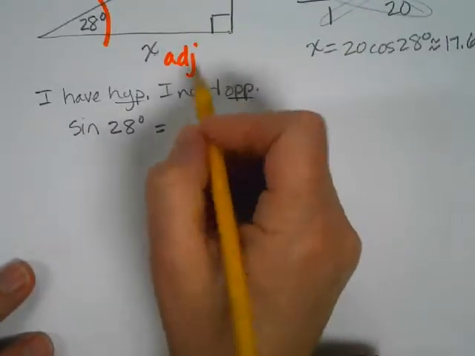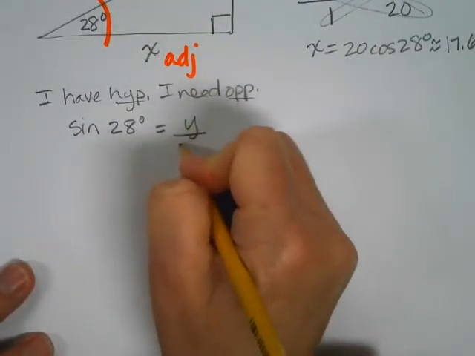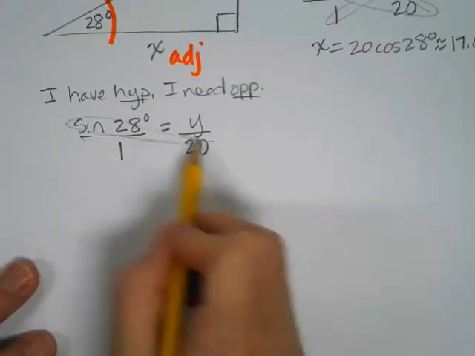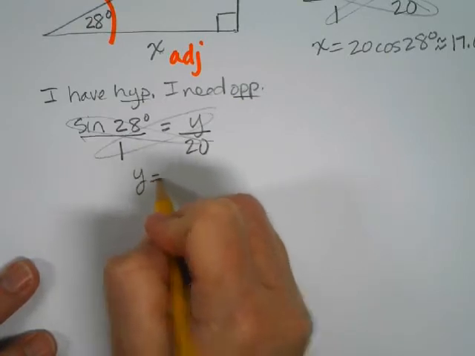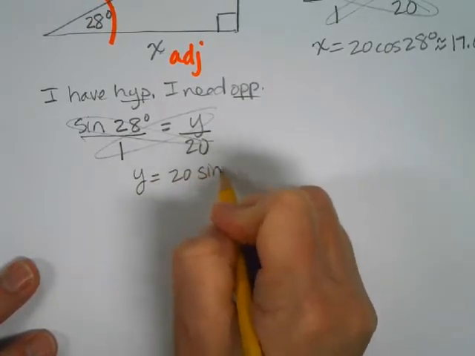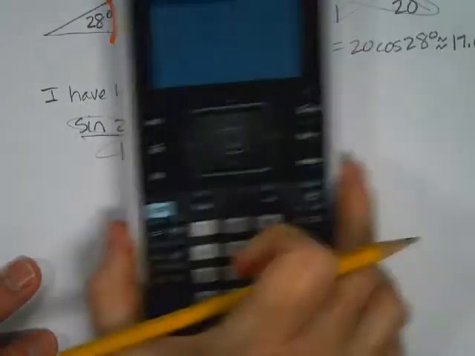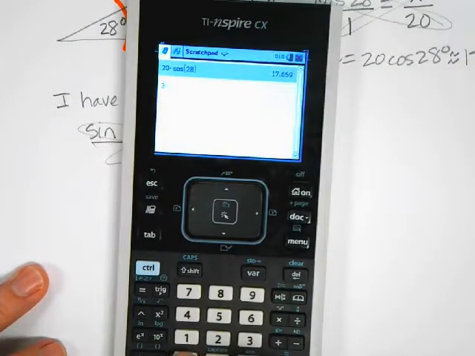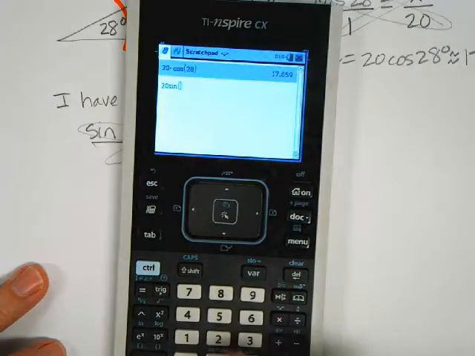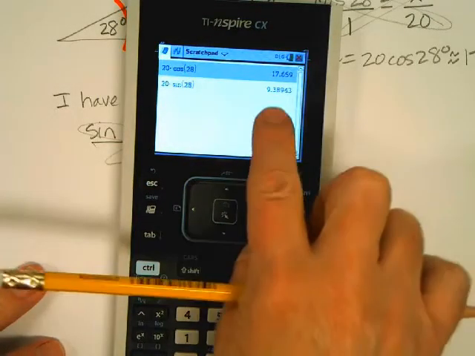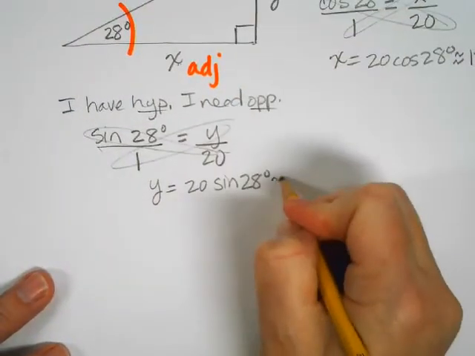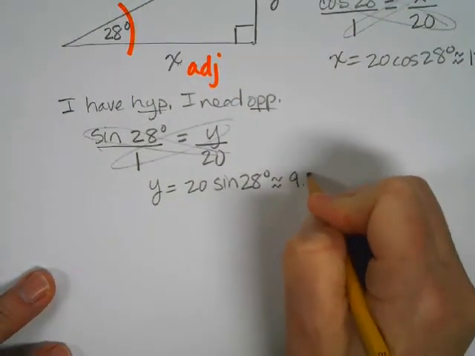So y over 20. Let's cross multiply. That gives us y equals 20 times sine of 28 degrees. 9.389. I'll put 9.4.